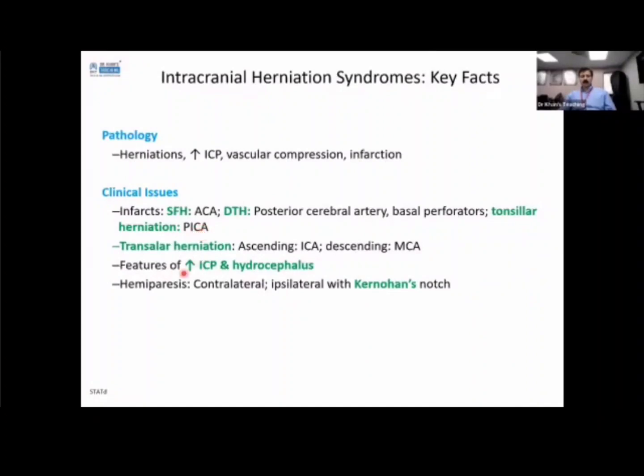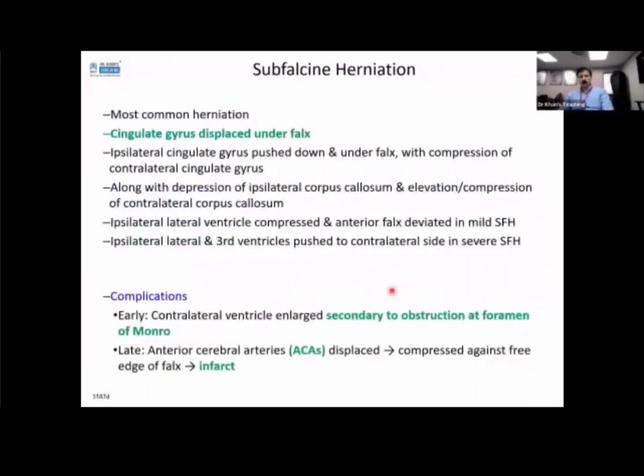But secondary signs, as in hydrocephalus, you have to tell that. Then Kernohan's notch, I'll explain to you what that means. First of all, subfalcine herniation, which we have already covered. The cingulate gyrus is displaced under the falx.